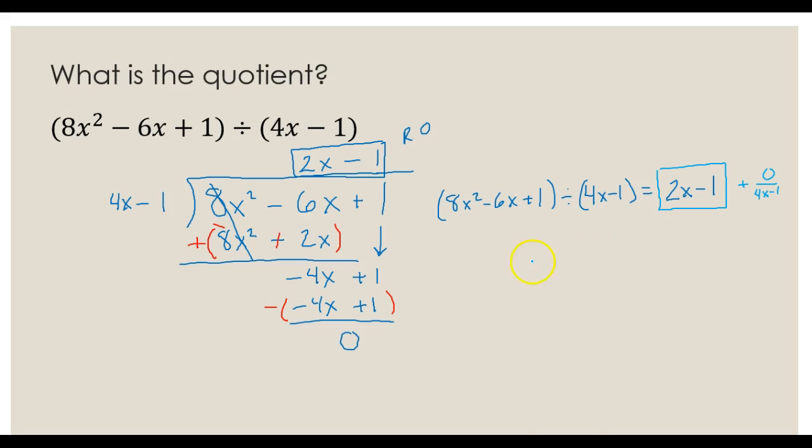And then we can answer the question, is 4x minus 1 a factor? And we say yes, it is a factor because it divides evenly, and what's left over is also a factor. So we could say that we have factored 8x squared minus 6x plus 1. So a lot of good stuff going on there.